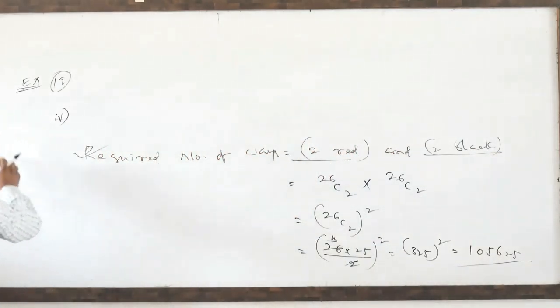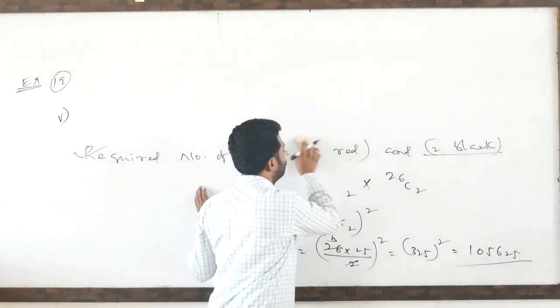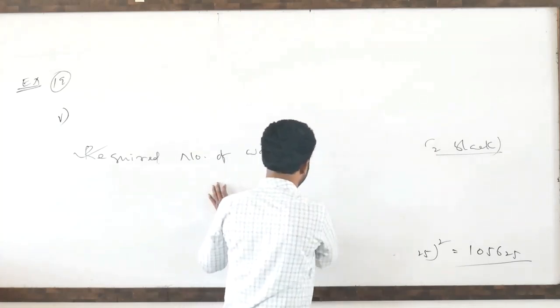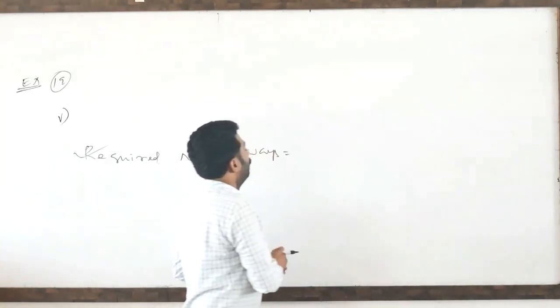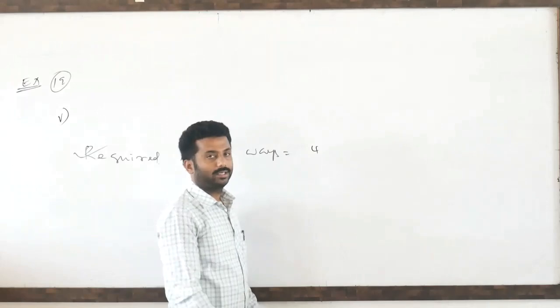Next, fifth one. Cards are of the same color. You see here. Same color means 4 cards we have to select.